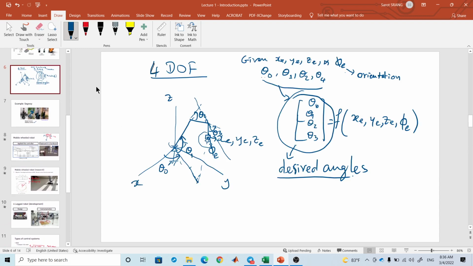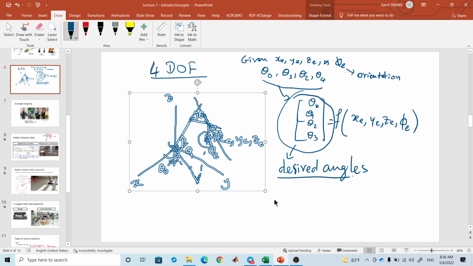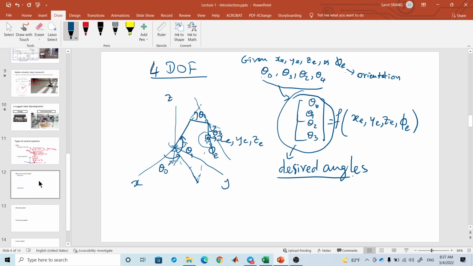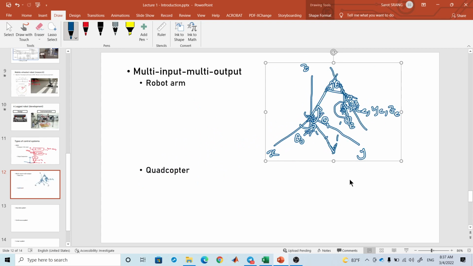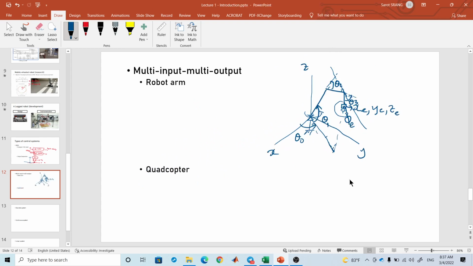So actually, if you consider the output as the position x, y, z, and phi of the end effector, the input is the voltage.